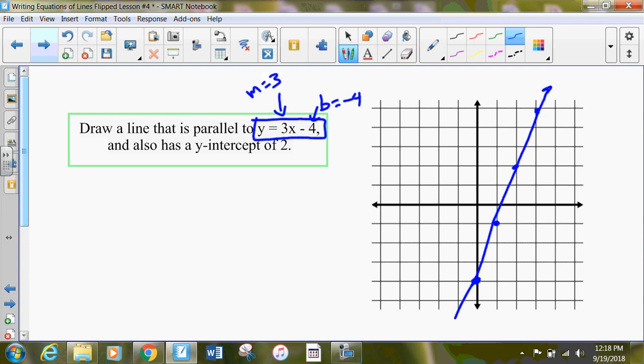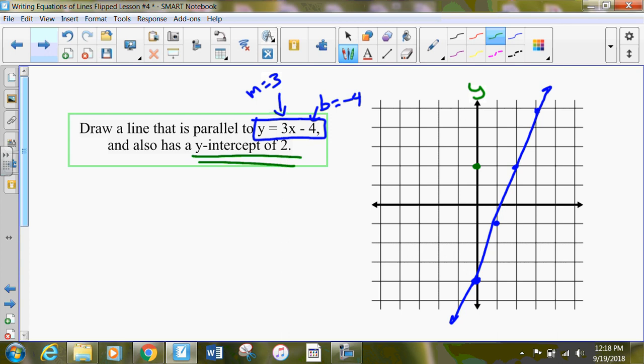Okay, not too bad. So we want to find a new line that's parallel to this and also has the y-intercept of 2. So for our y-intercept of 2, I'm going to go to the y-axis and put a dot on 2. And we were reminded that parallel lines have the same slope.